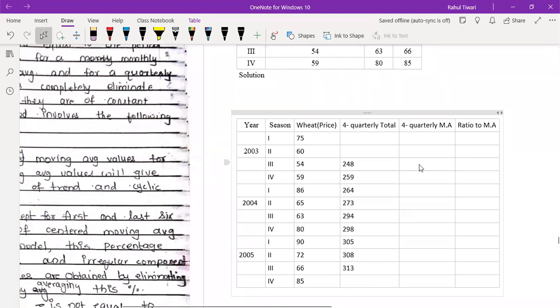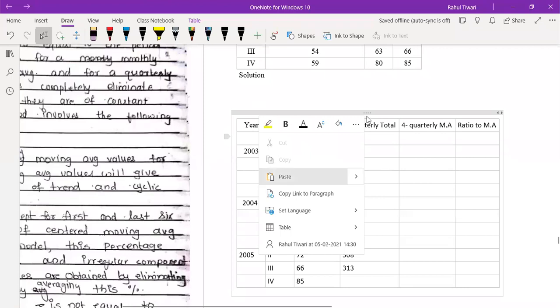What is the average of this one? Anyone? So this can be computed, or you can write it up. No problem.